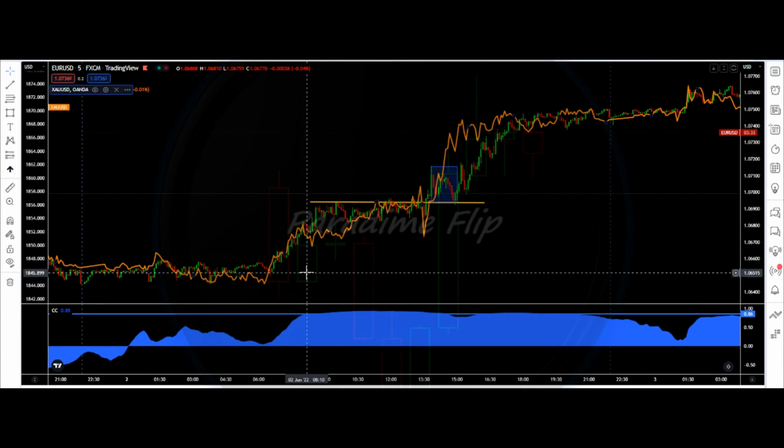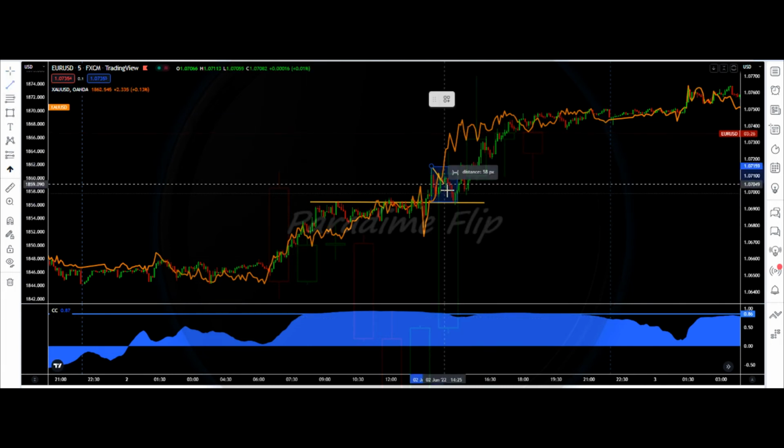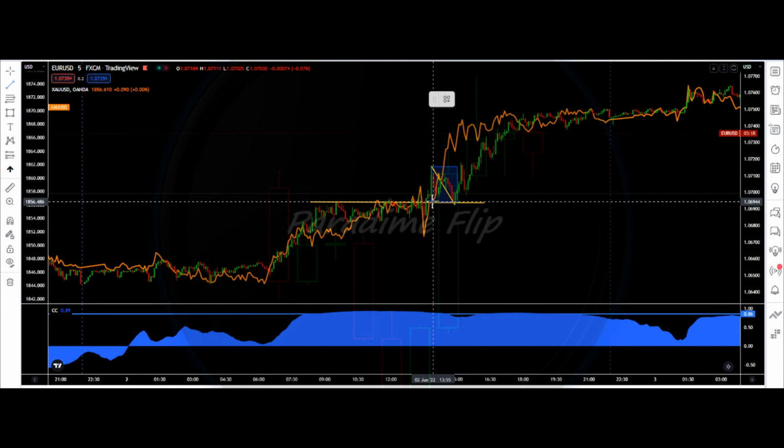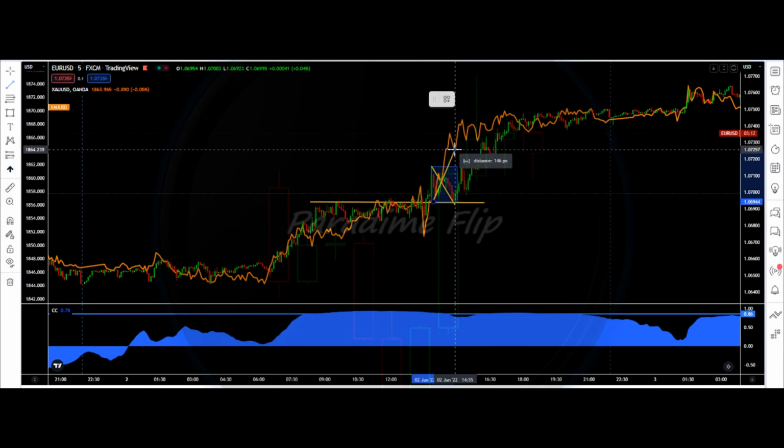And if we overlay the gold, we can see right now that the gold is moving higher. If I just draw a line from that point to that point, Euro USD is moving lower, while at the same time, gold is actually moving higher.